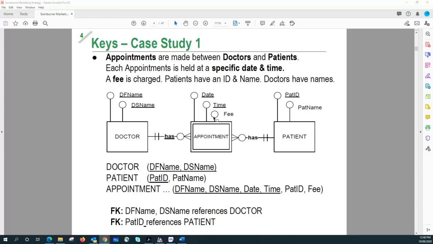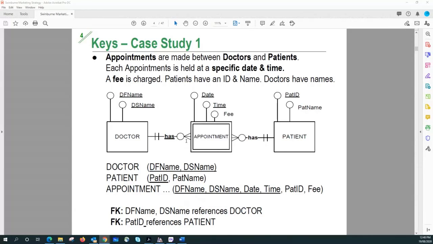So date and time come from the appointment itself. So this is a composite identifier. Okay. So it actually makes sense, right? Rather than having an appointment number or something, it makes sense if you read this. Anybody can understand the primary key of this appointment entity.